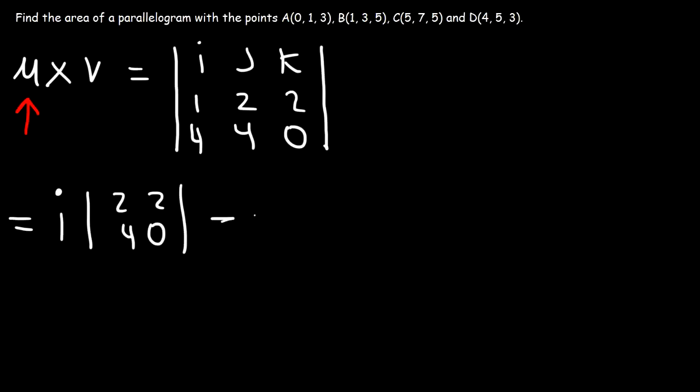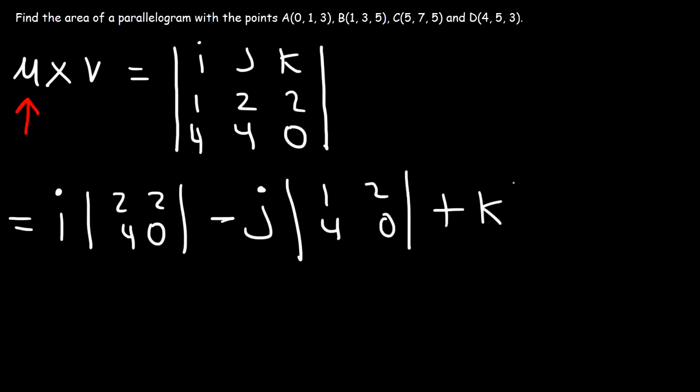After that, it's going to be minus the middle unit vector j, and j is in the first row, second column, and so that leaves behind 1, 4, and 2, 0. And then it's going to be plus k. Now the unit vector k is in the first row, third column, and it leaves behind the numbers 1, 2, 4, 4.